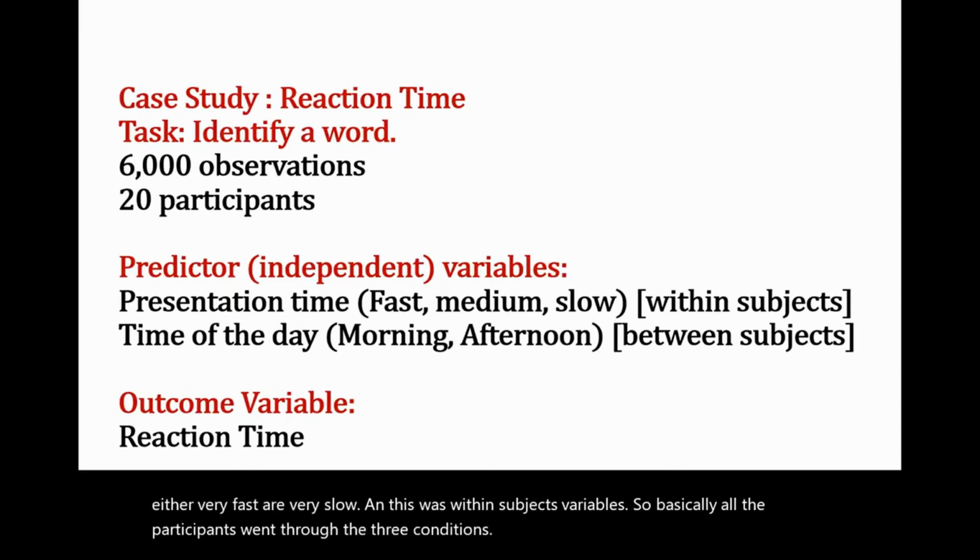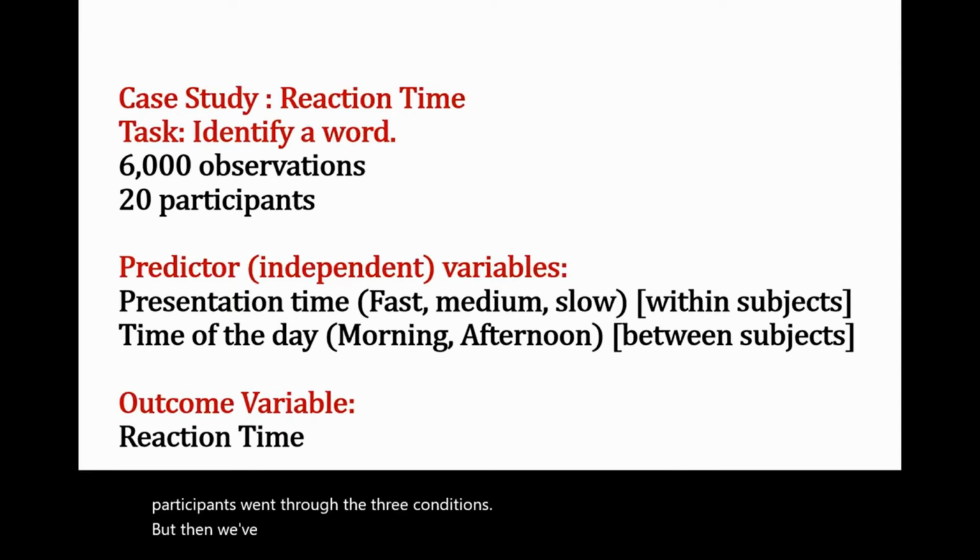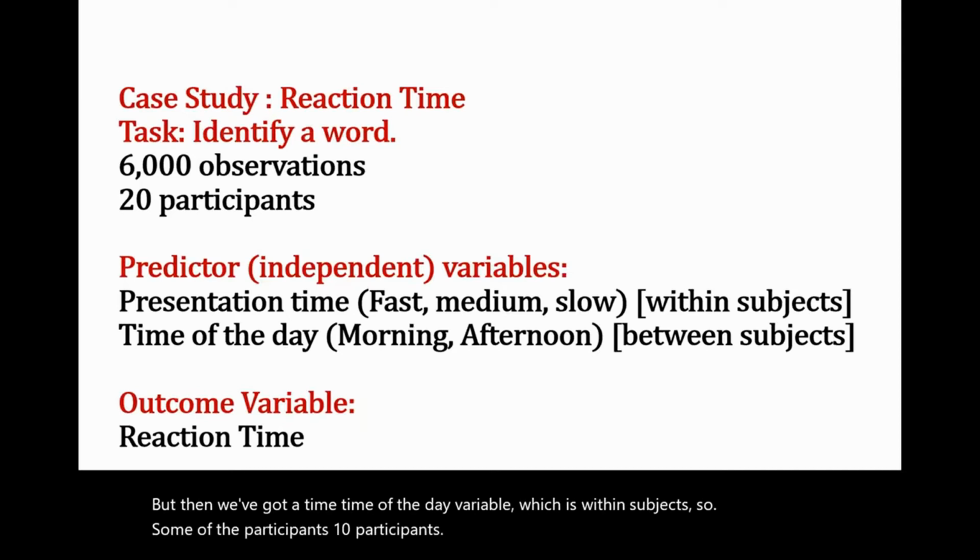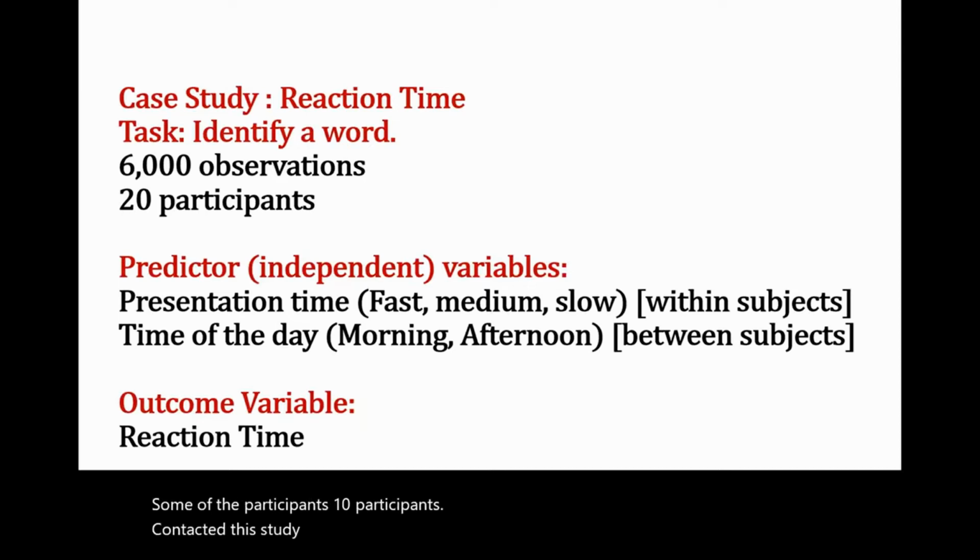But then we've got a time of the day variable, which is between subjects. So 10 participants conducted the study in the morning, and 10 participants conducted the study in the afternoon.